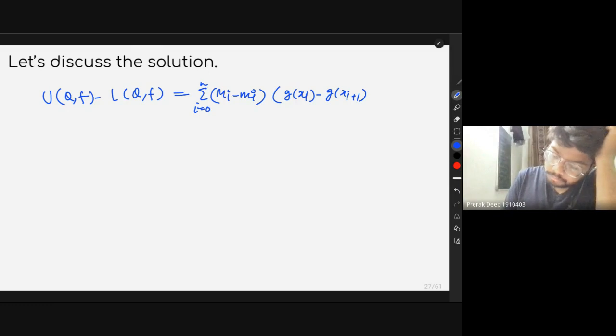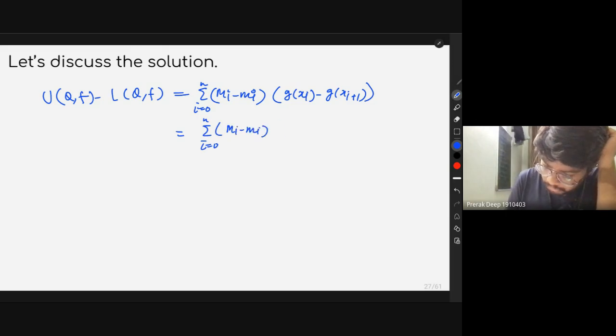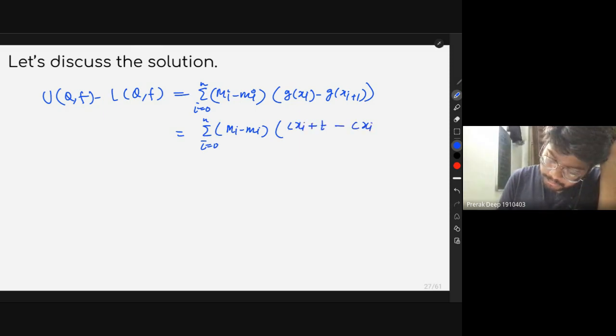Okay, and now what is this? This is just nothing but x_i plus t minus x_{i+1} minus t, which gets cancelled out.